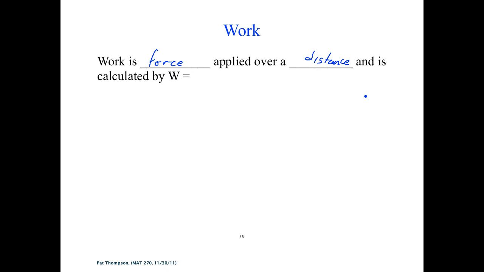And it is calculated by force times distance, right?